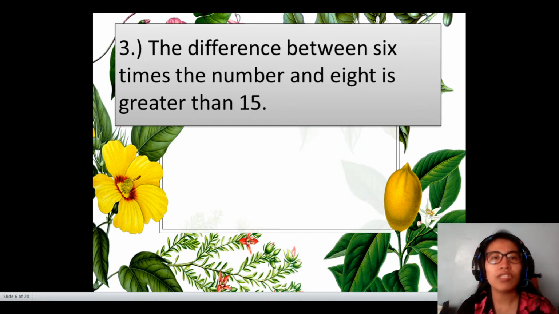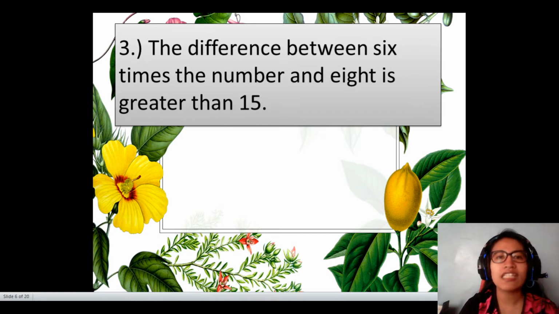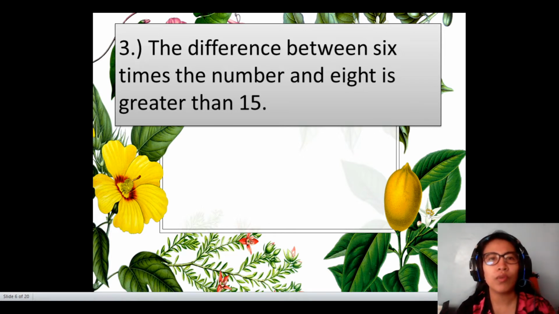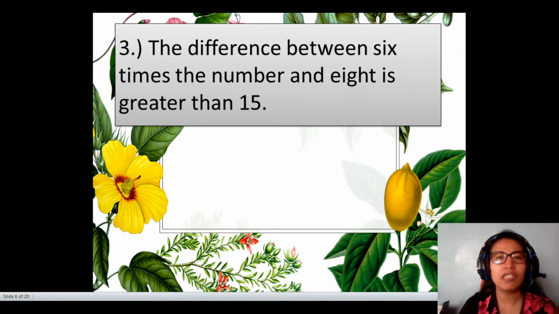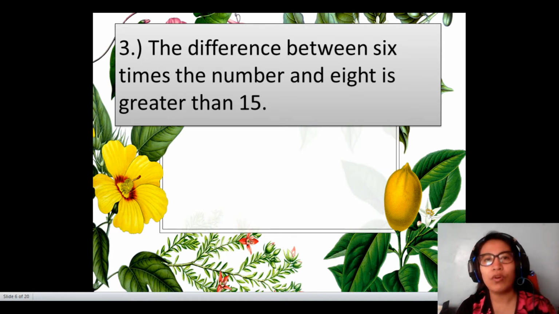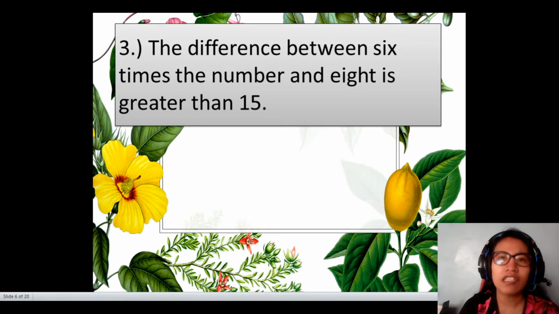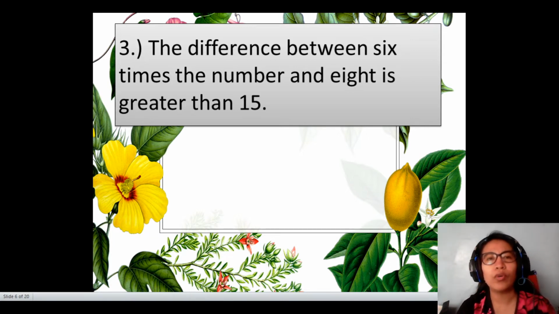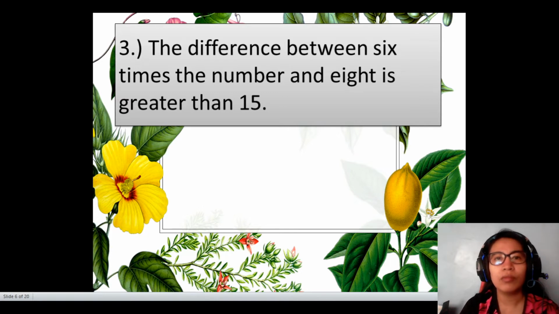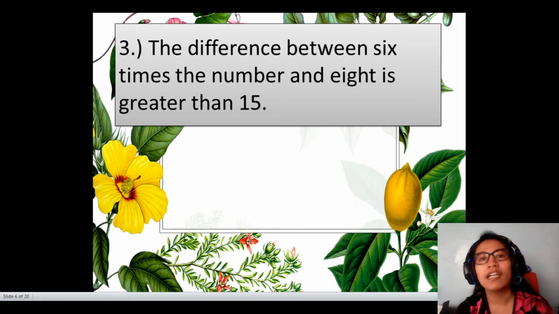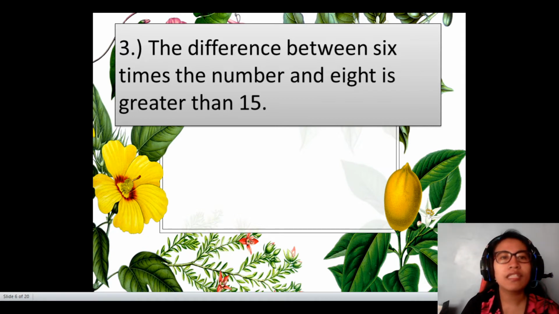So the difference between 6 times the number and 8 is greater than 15. So we will have it step by step. When we say the difference, it means subtraction. 6 times the number, as I said before, when we say the number, you can put any letter, but let's focus on using the x as our letter. So we have 6 times the number.